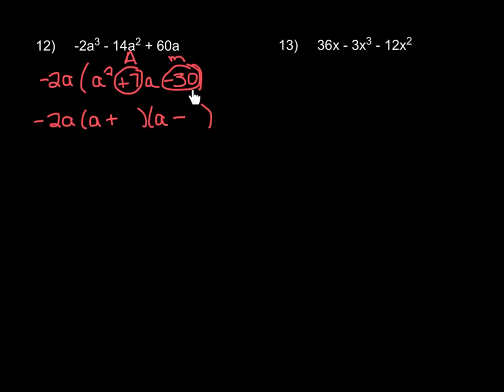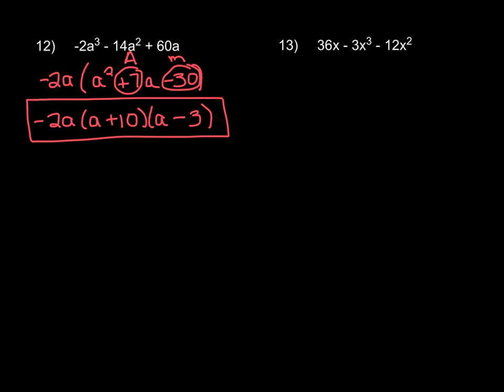And then 2 numbers that multiply to negative 30 and add to positive 7 would be positive 10 and negative 3. So I'm going to put the 10 by the positive sign and the 3 by the negative sign. This right here would be completely factored. Okay, so our factors are negative 2a, a plus 10, and a minus 3. That's what all multiplies together to give us our original expression.